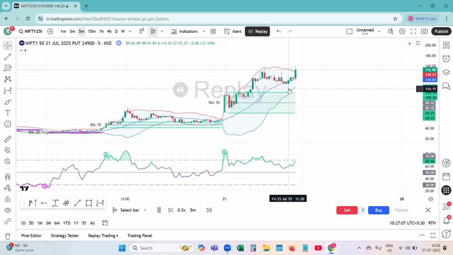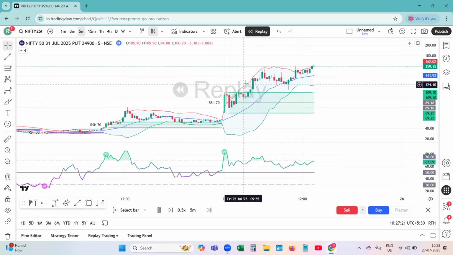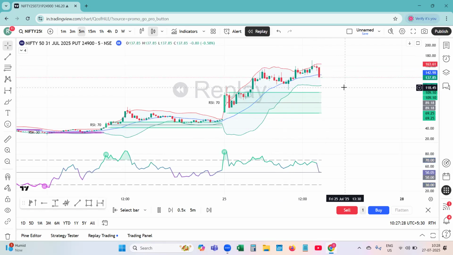This is the 11:30 dip. At that time, Nifty popped up. See how it is moving. It is above the upper Bollinger Band and traveling along the upper Bollinger Band. No weakness.